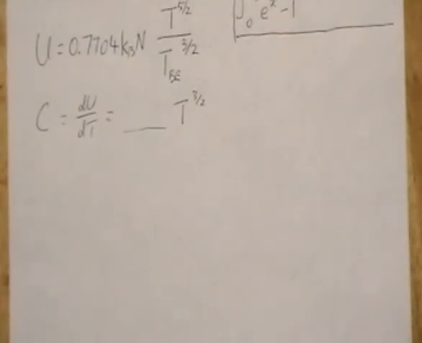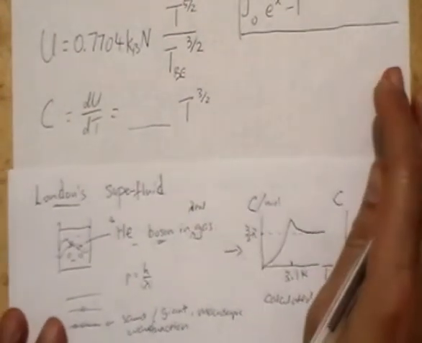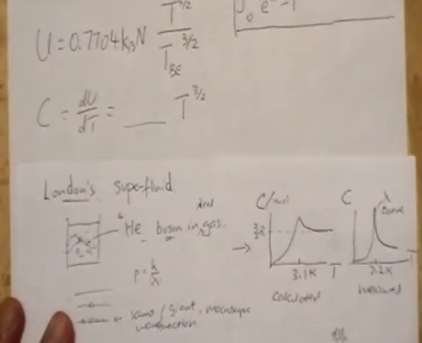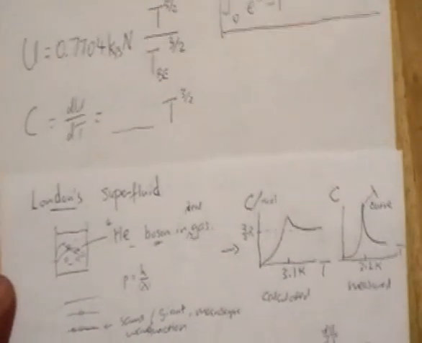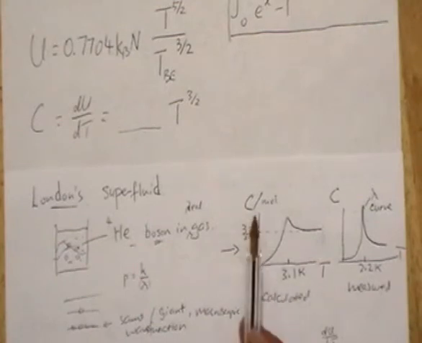Right, I think I have it here. That's what I sketched just in the previous video. So I said that London made use of this result for the heat capacity of a gas of bosons.